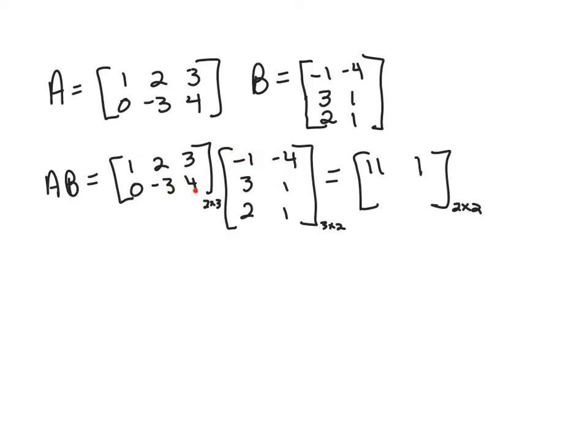Then I get a -9 plus an 8, I get a -1. Next, row 2, column 2 gives me 0, -3, +4, and I get a +1. So that's A times B.